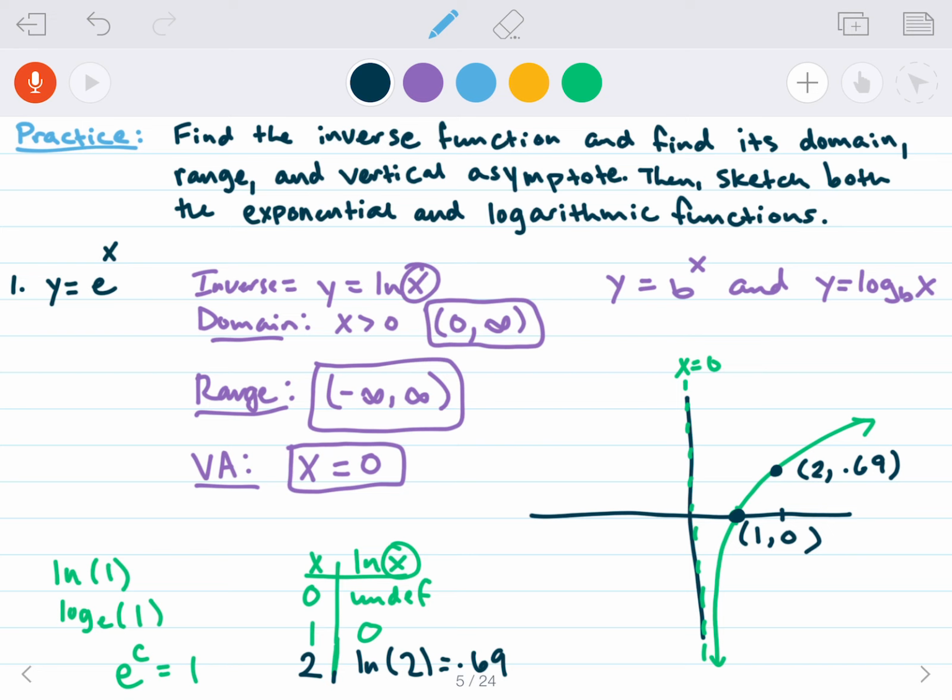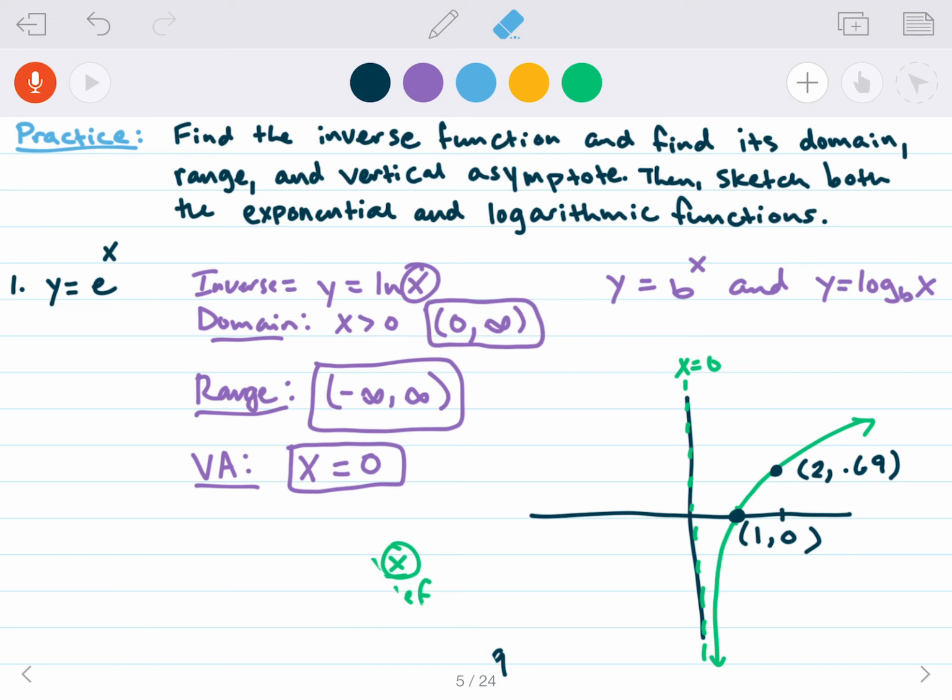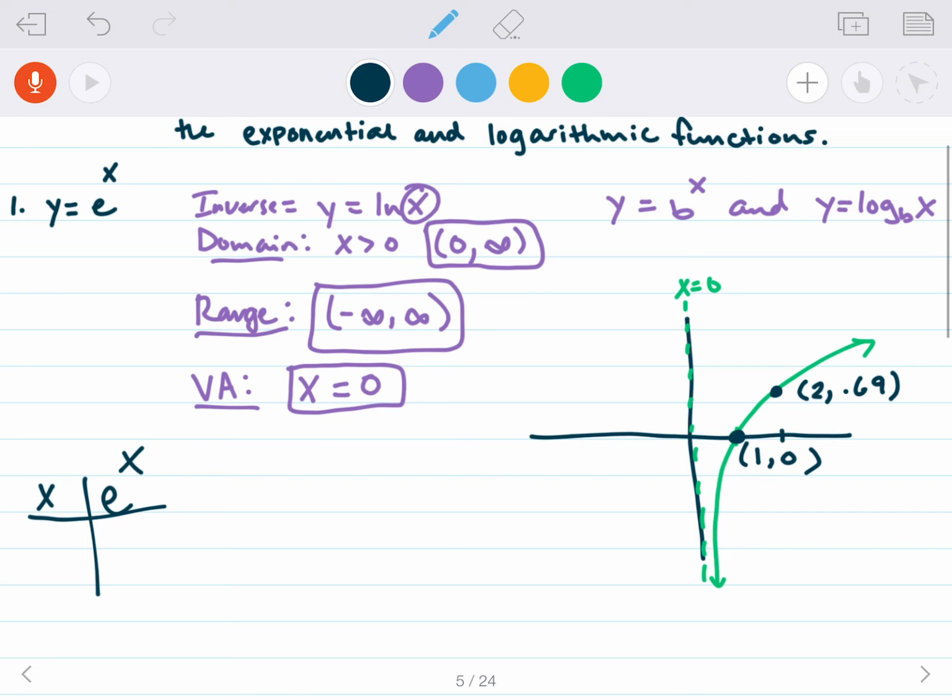All right. And for our exponential function, we have x, and we have e to the x. So again, we can just kind of flip these values here. When x is equal to 0, y is equal to 1. So flip these values, meaning these values right here. When x is equal to 0.69, y equals 2.